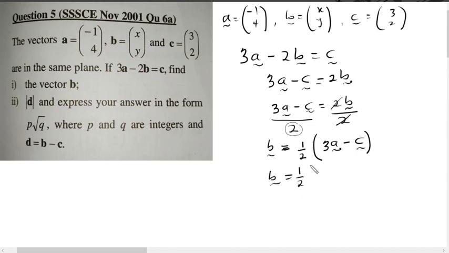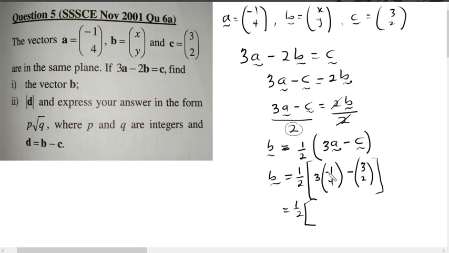Let me leave the half here because it is just a scalar, and then I have 3 times my vector a. Vector a is (-1, 4). So 3 times (-1, 4), minus vector c. Vector c is (3, 2). So let me put (3, 2) here. Okay, that is perfect. So let me leave the half here and deal with what is in the bracket first.